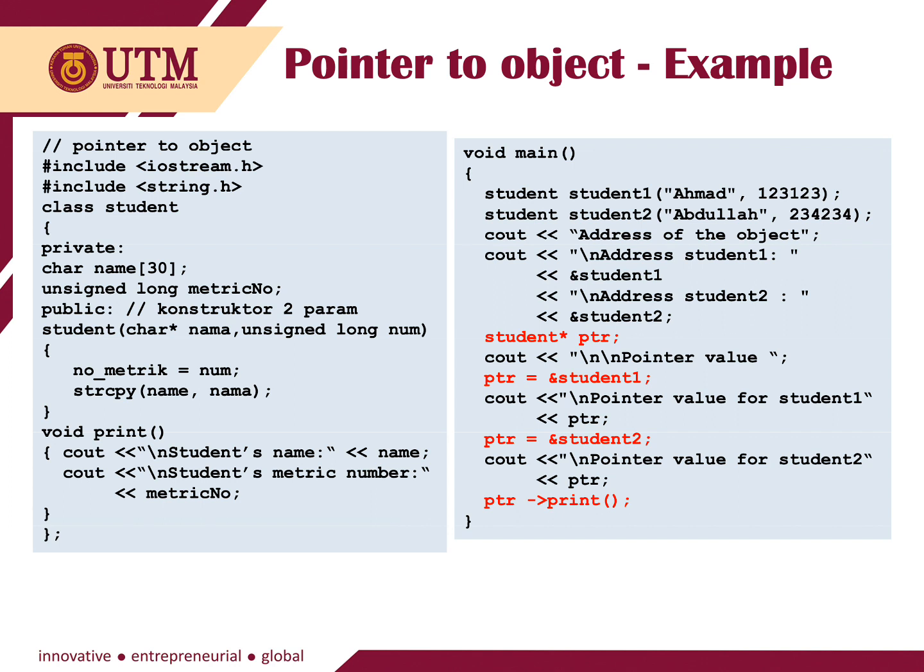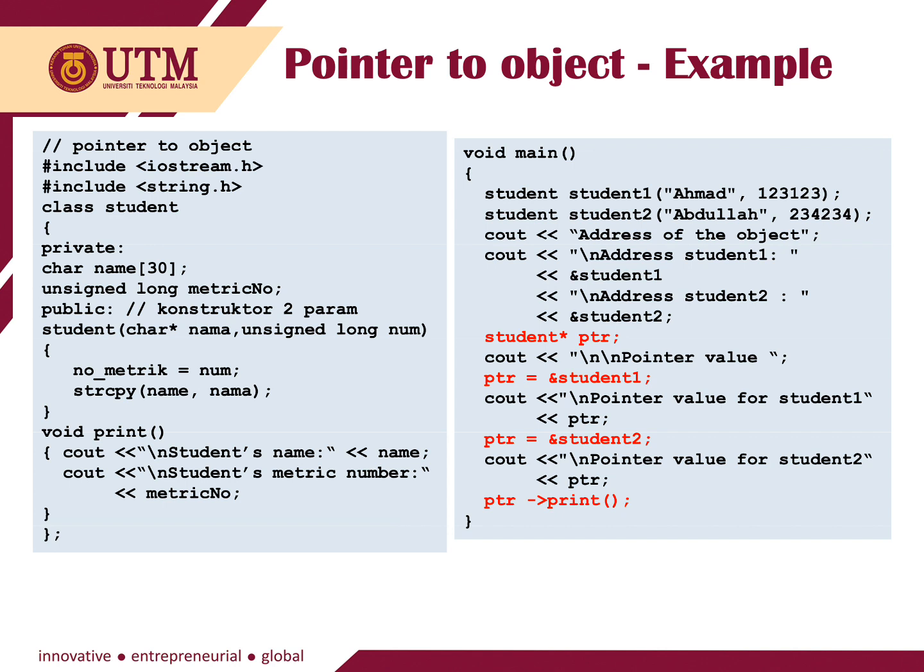Here we state that the student name is Ahmad, with this metric number. Student 2 is Abdullah, with this metric number. Now we are trying to access the address of student 1 using the student pointer.